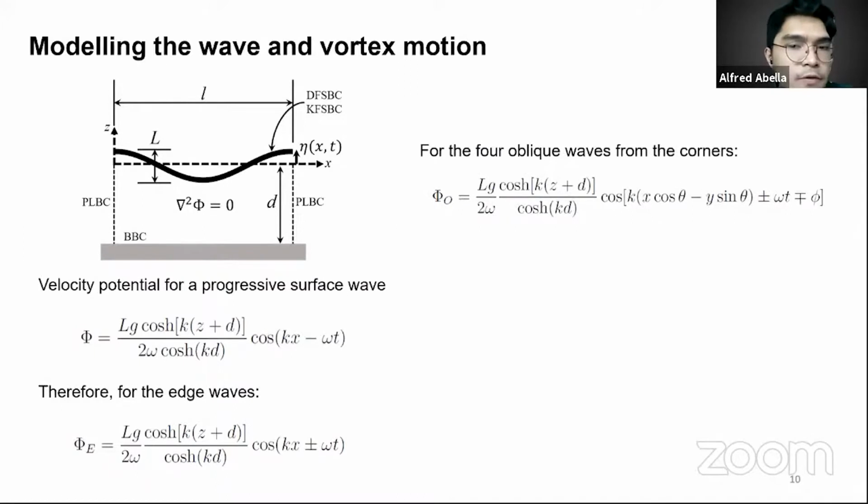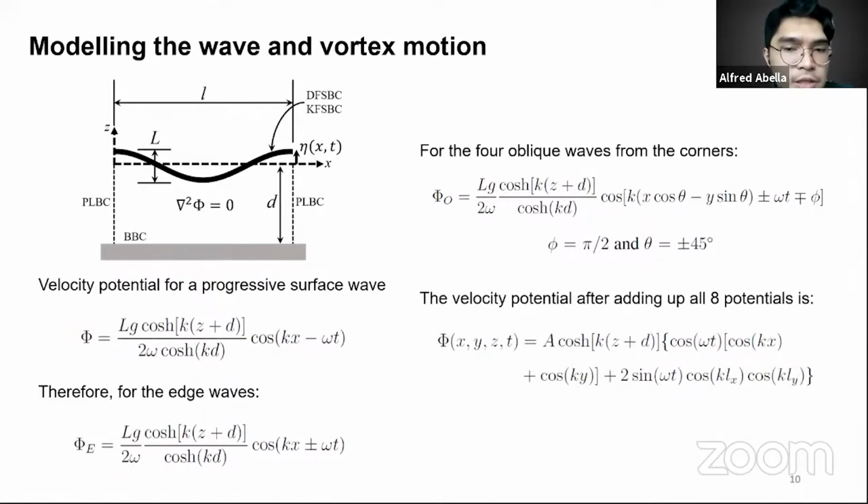Now for the four oblique waves, we rewrite the form of the velocity potential in this manner, where phi is equal to pi over 2 and theta equals plus minus 45 degrees. So phi is the phase difference between the oblique waves and the edge waves. There needs to be a phase delay in order for the waves to rotate.